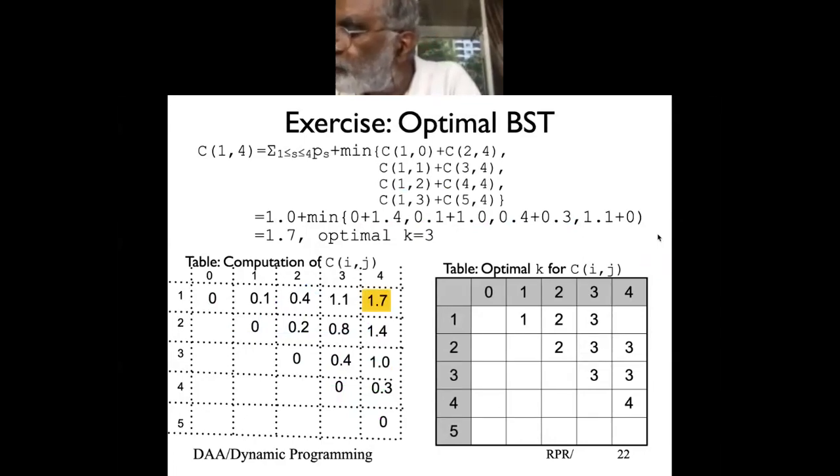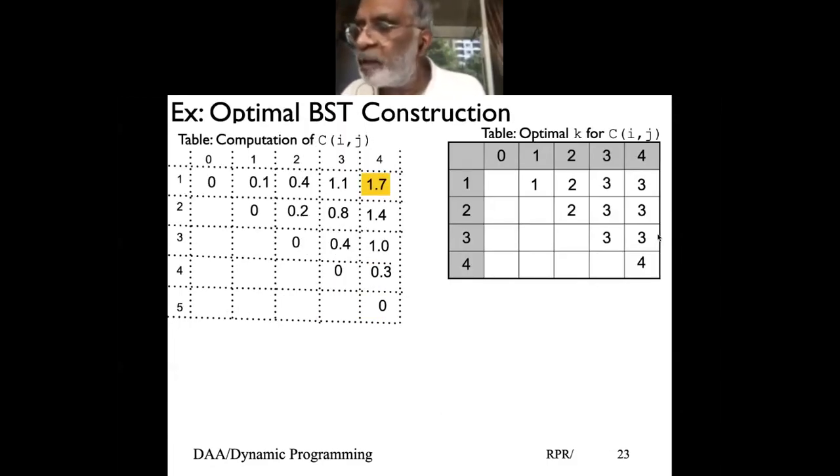And the optimal comes from k is equal to 3. So this happens to be 3. So we computed the value C14 and we know that C14 comes from my root node's optimal value of k. So how do I build my binary search tree? We look at where C14 comes from. That means my root has k was this.